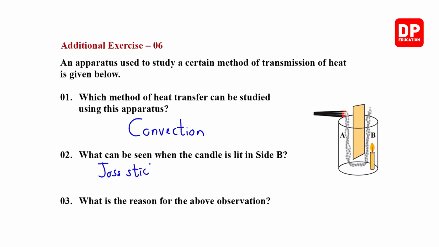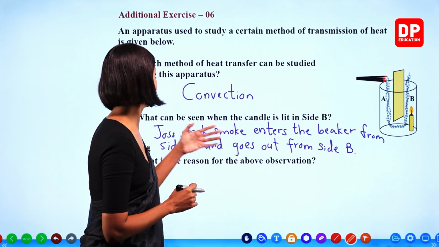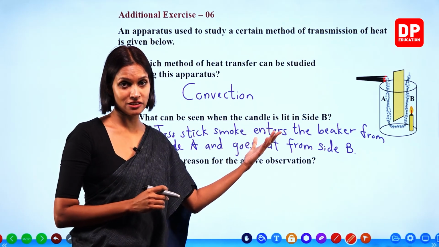The joss stick smoke enters the beaker from side A and goes out from side B.